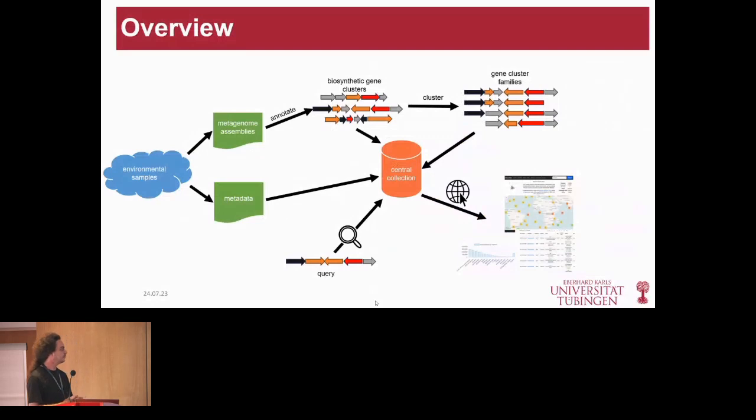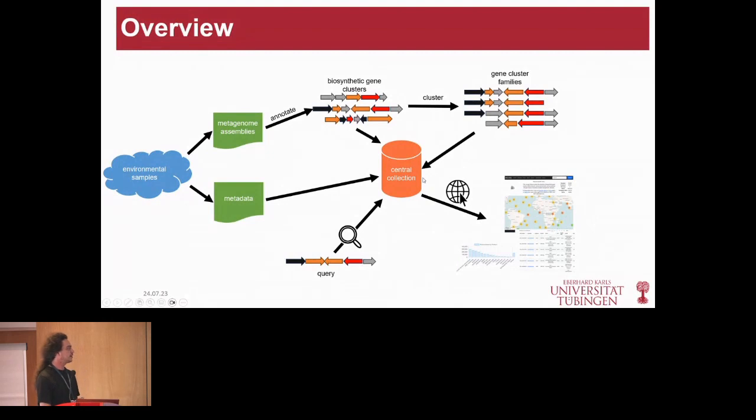As an overview, we collect every publicly available environmental sample that we have access to, the associated metagenome assemblies and the metadata with them. We annotate the assemblies to identify the biosynthetic gene clusters and further cluster them into so-called gene cluster families, which I'll come back to later.